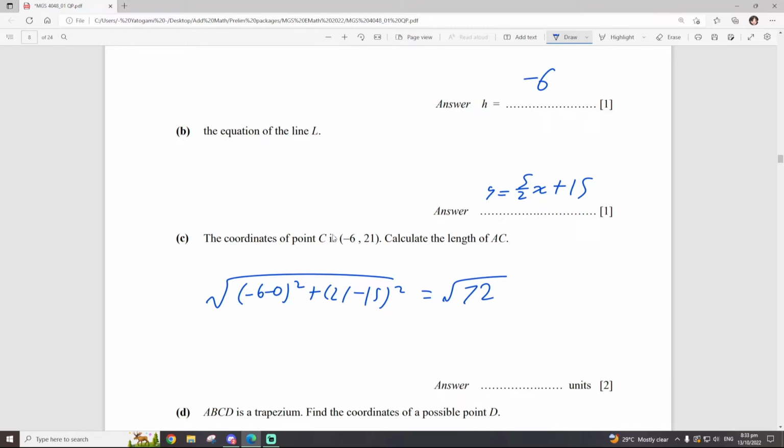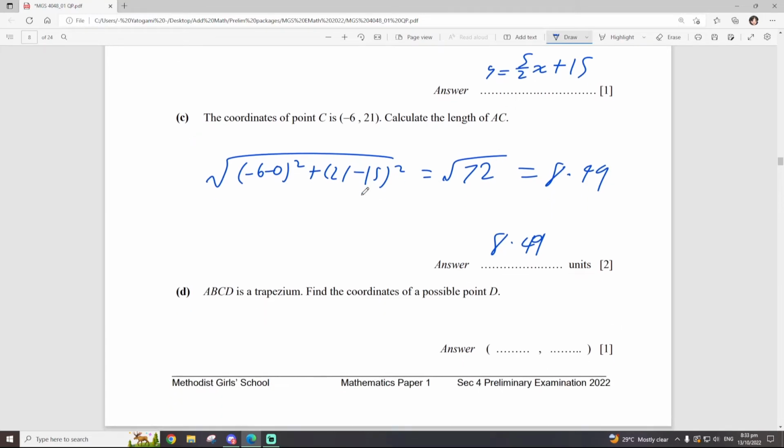But this is E-math, so we always leave our answers in 3SF if it's not exact. So this is 8.49, 3SF. Okay. If it was A-math, you would probably leave the answer as 6√2.